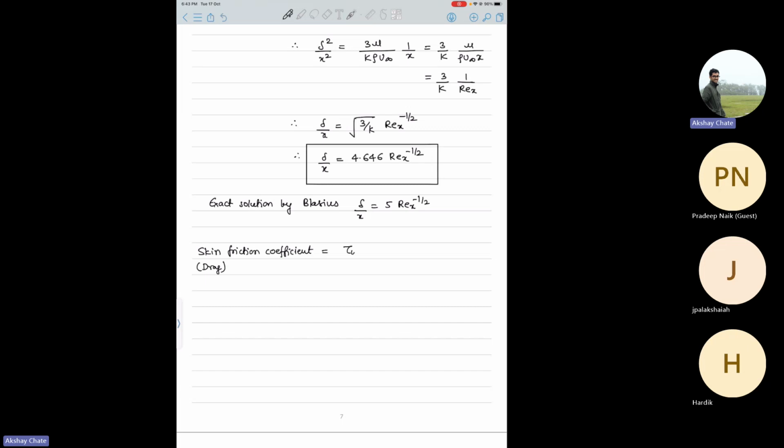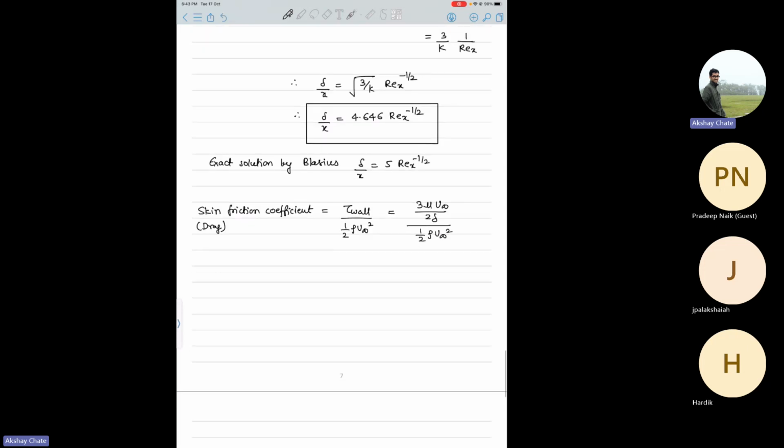It is defined as tau wall by half rho u infinity square. And we know that tau wall has the form 3 mu u infinity by 2 delta, which you again divide by half rho u infinity square.